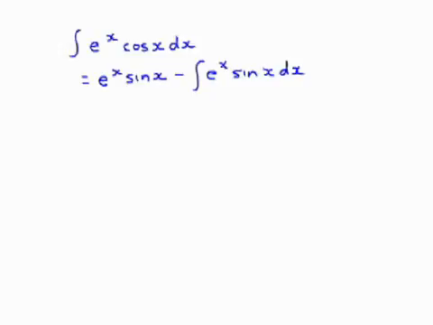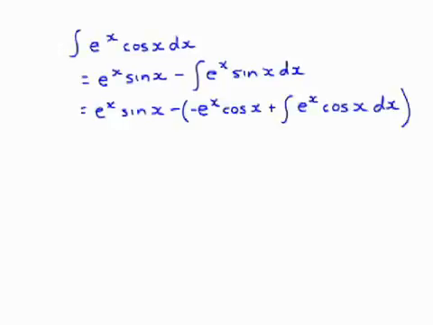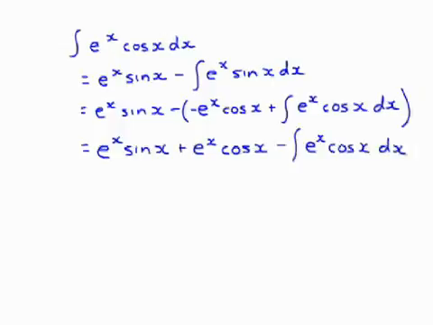So I've got that it's equal to e to the x sine x subtract, and then in brackets, negative e to the x cosine x plus the integral of e to the x cosine x dx. Next step, all I've done is drop the brackets and change my signs. So I now have e to the x sine x plus e to the x cosine x, subtract the integral of e to the x cosine x dx.